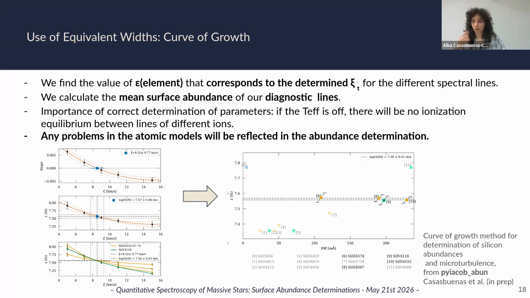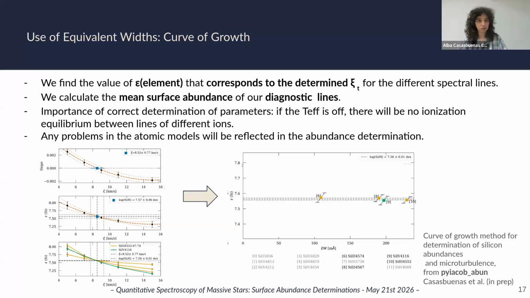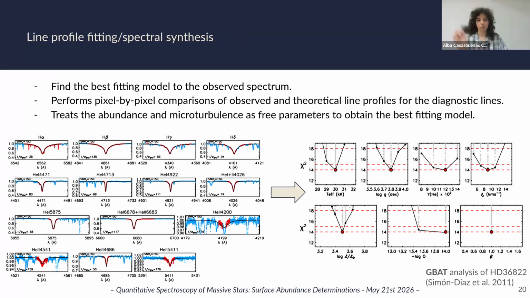Yeah, I think so. When you're doing the line profile fitting and you're comparing the observed spectrum with the synthetic spectra, it's very important to take into account that when you're creating the synthetic spectra, there is no broadening in it.